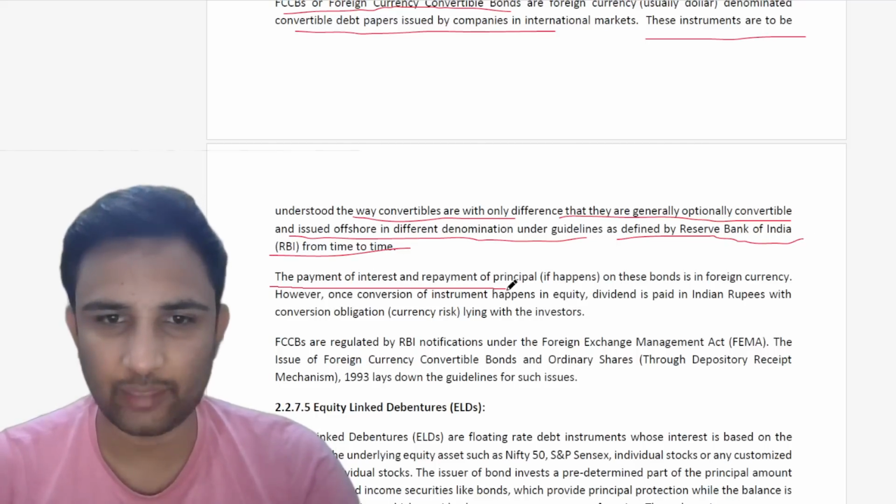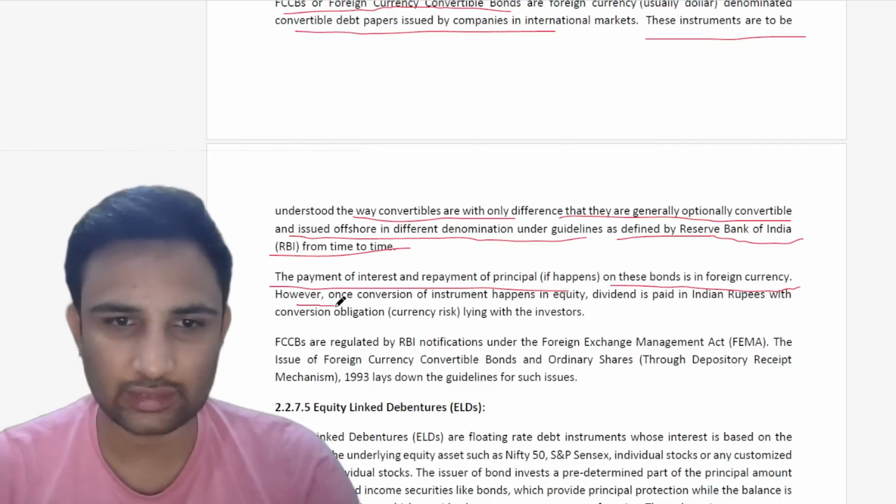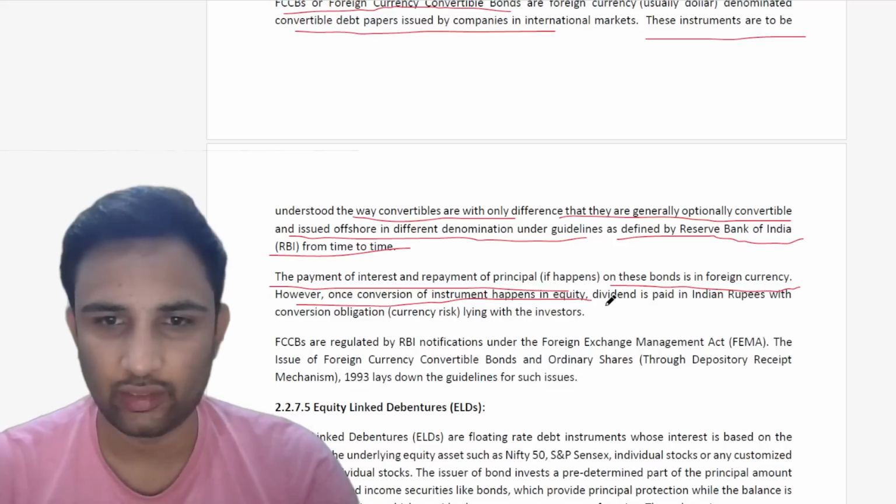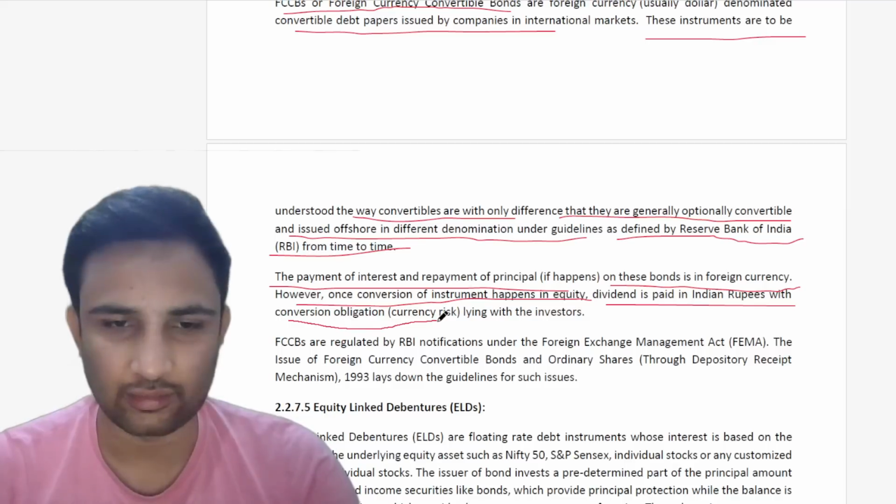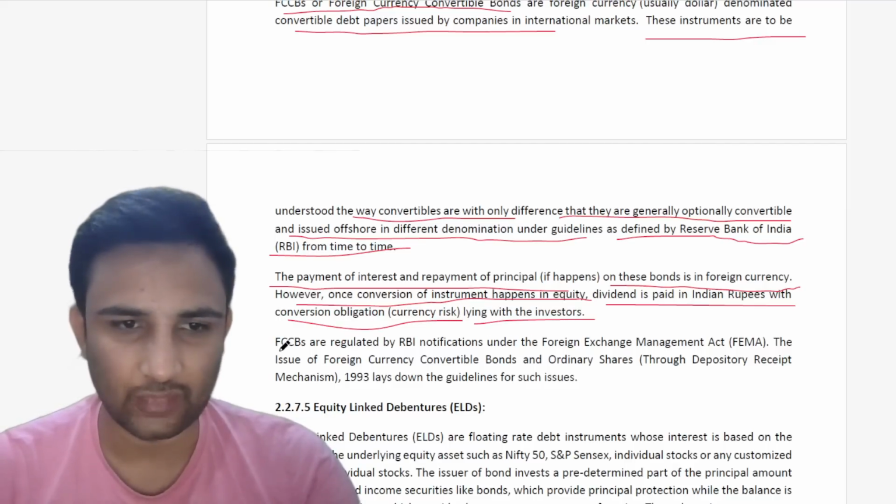The payment of interest and repayment of principal on these bonds is in foreign currency. However, once conversion of the instrument into equity happens, dividend is paid in Indian rupees, with conversion obligation, where currency risk is involved, lying with the investors.